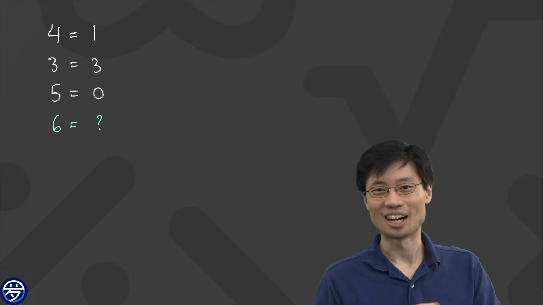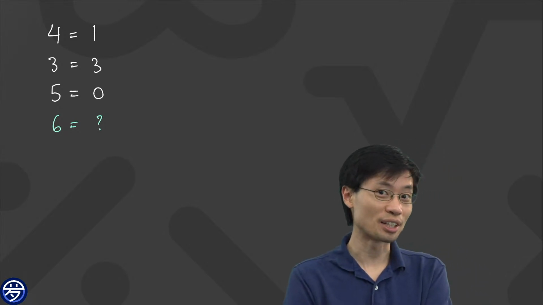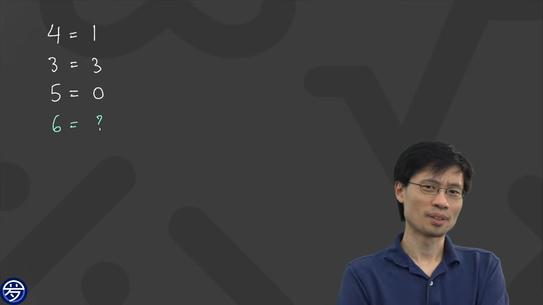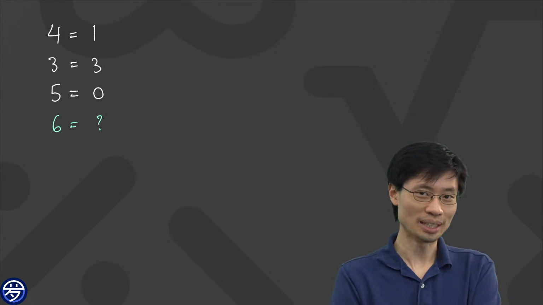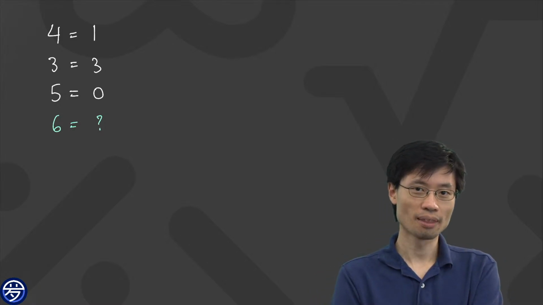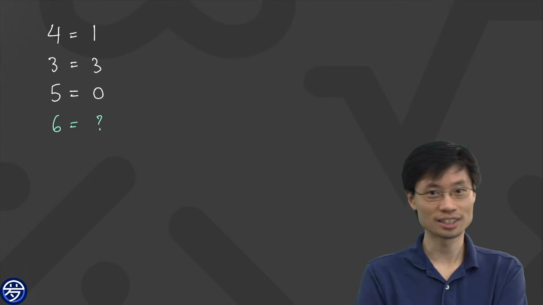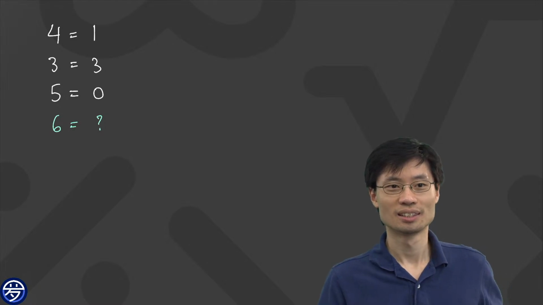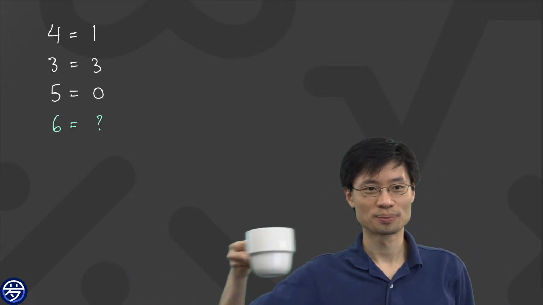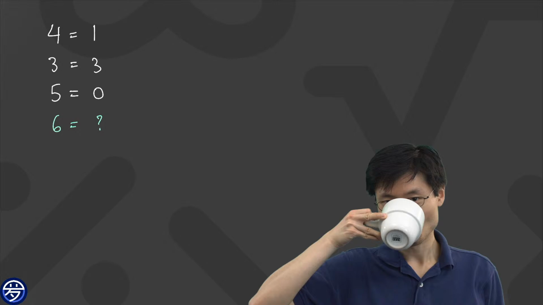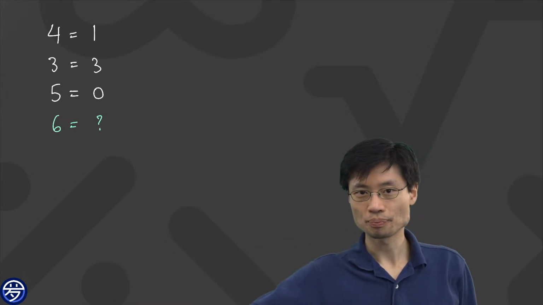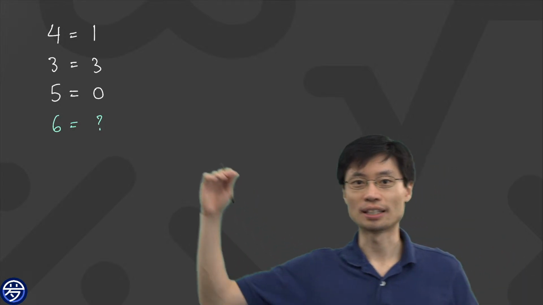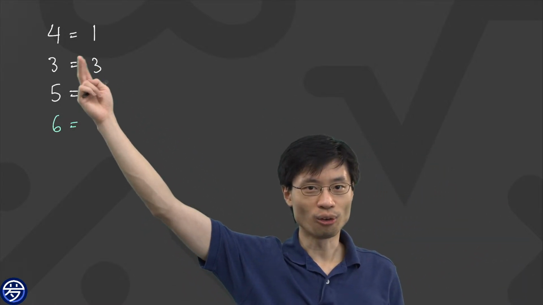All right. Fortunately, we have a lot of very creative people here. So now let's start thinking about this. How could this be reasonable? 4 is 1, 3 is 3, 5 is 0. To me, it's a little bit funny that it goes 4 and then 3 and then 5.